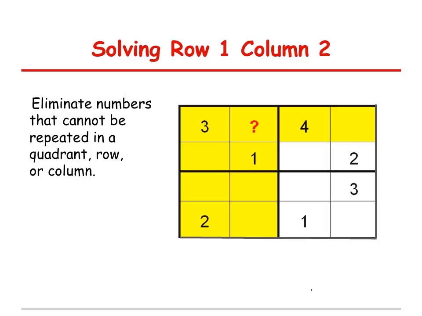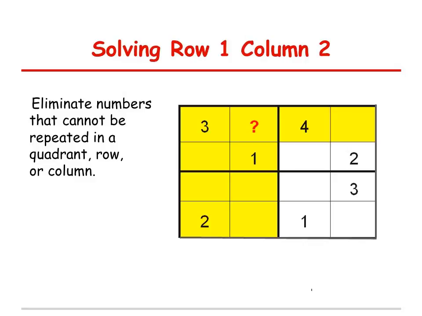Now we're going to solve the value for Quadrant 1, Row 1, Column 2. Looking at the puzzle, notice that you already have a 3 and 4 in row 1. This means the value for row 1, column 2 cannot contain a 3 or 4 because you cannot repeat a number in a quadrant, row, or column.